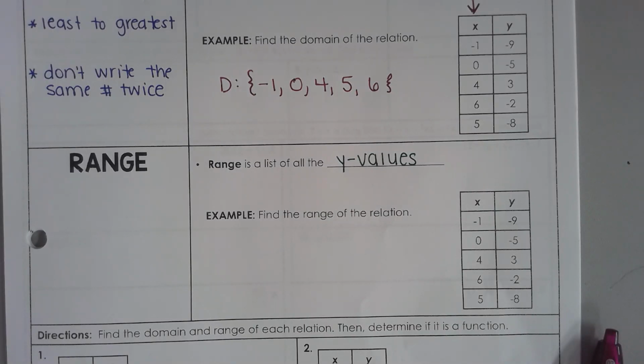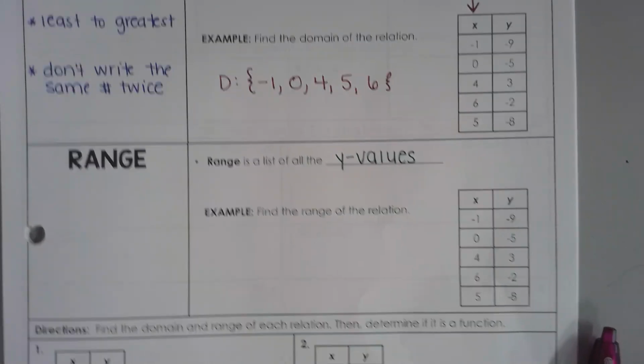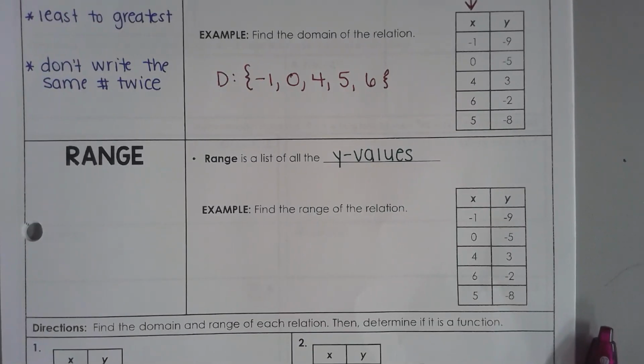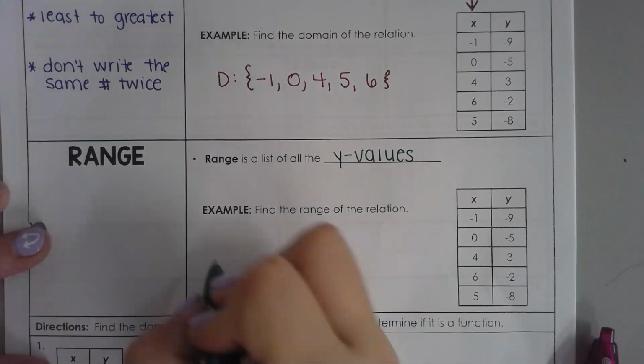One way that I think is the easiest way to remember which one is x and which one is y's, think of it in alphabetical order. In the alphabet, D for domain comes before R for range. X comes before y's. So domain is first, x is first, then range and y's. So I'm going to list my range.